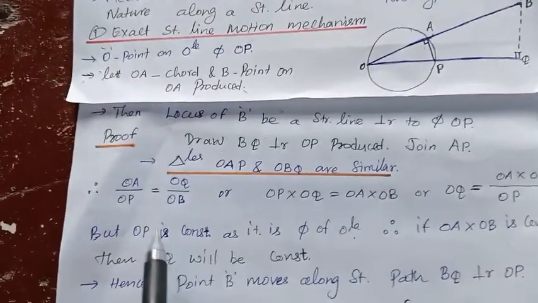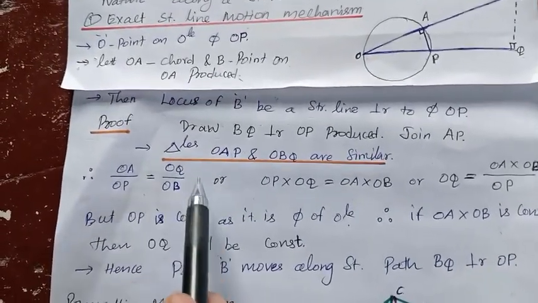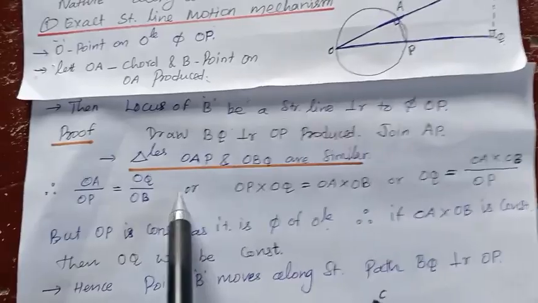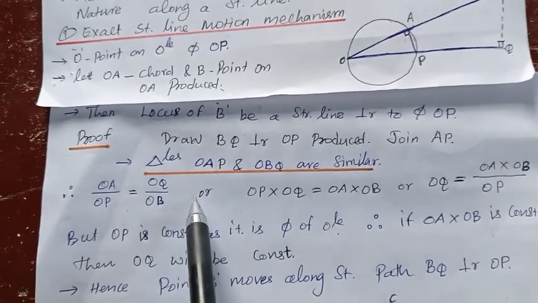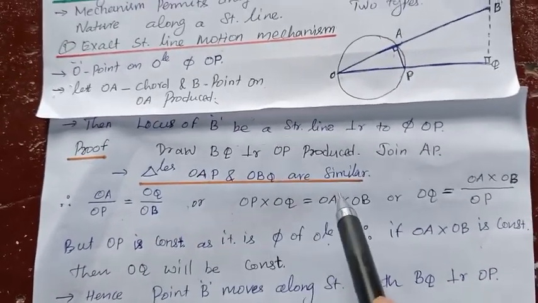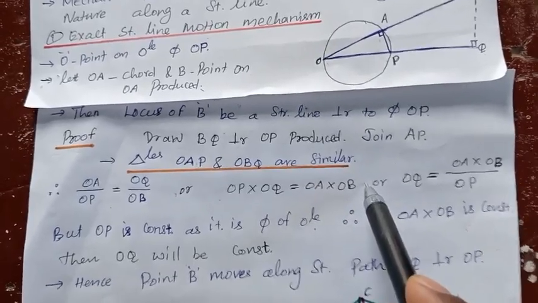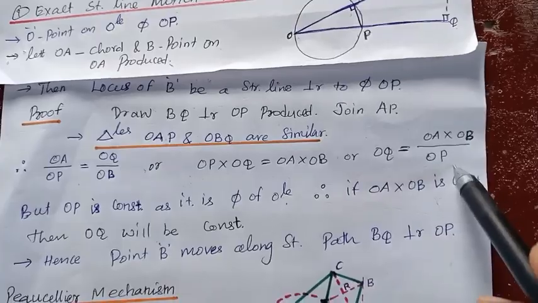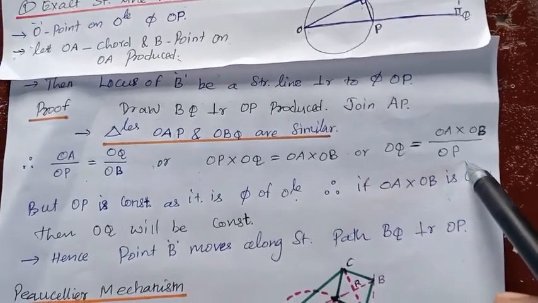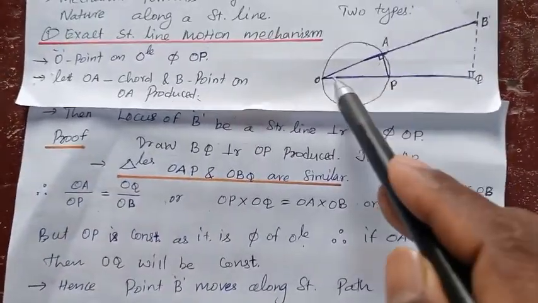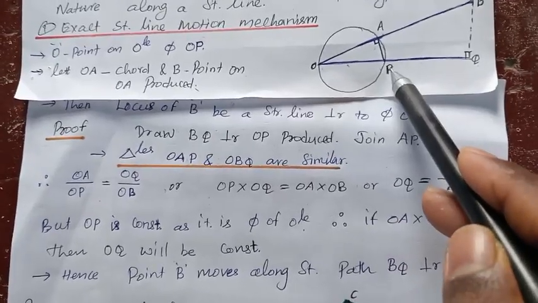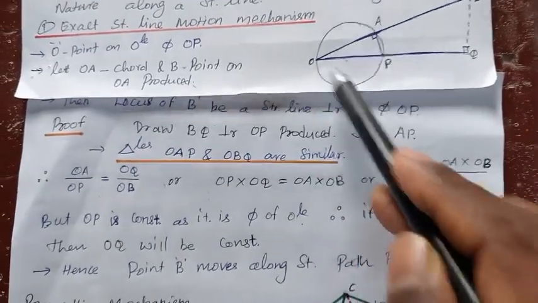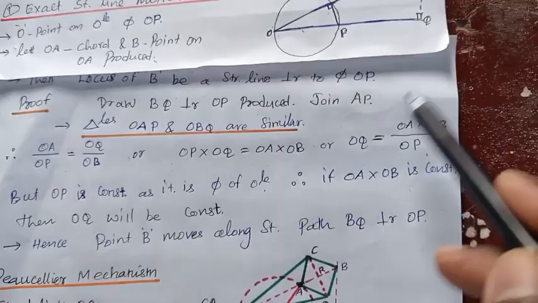So now you get OA by OP equal to OQ by OB, or OP into OQ equal to OA into OB. So finally we get OQ equal to OA into OB divided by OP. But you know OP, the diameter of the circle, is always constant.